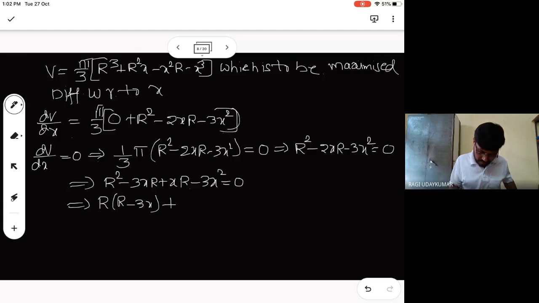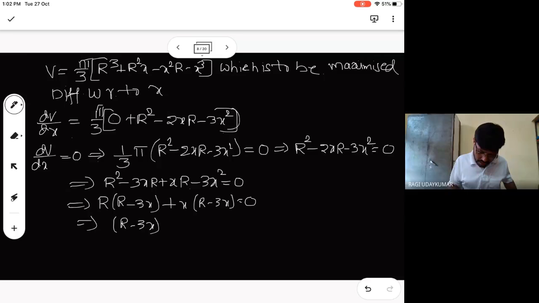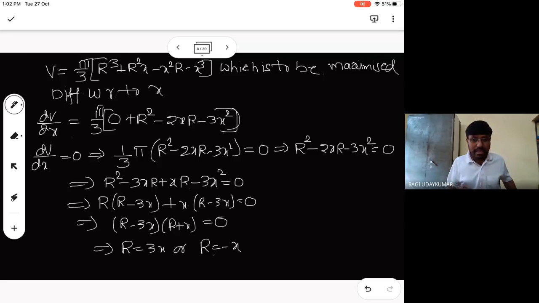So you are going to get R minus 3X into R plus X equal to 0. So this implies R is equal to 3X or R is equal to minus X. Negative cannot be possible, so this is not possible.